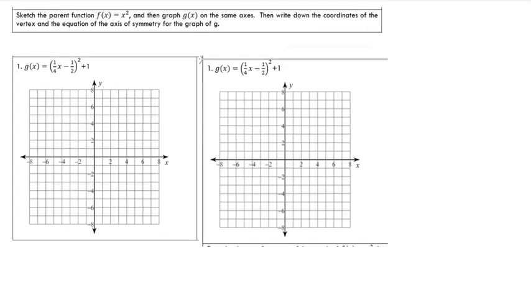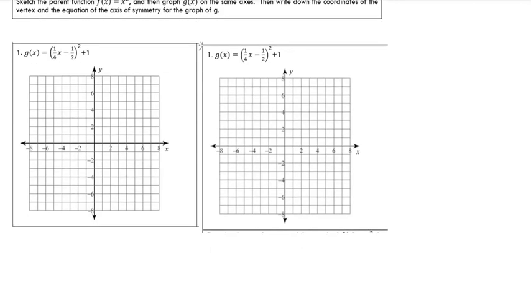It says sketch the parent function f of x equals x squared. The reason I have two graphs of the same thing is because I'm going to teach you two different ways to do it. Let's take this and I'm going to just draw my parent function: 1, 1, and 2, 4, negative 2, 4.